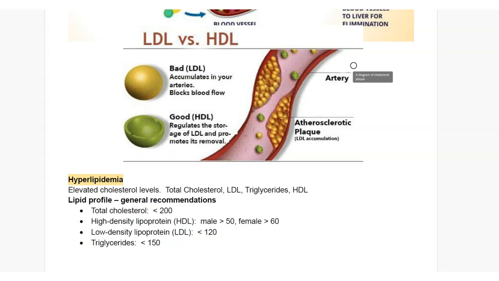But actually now the recommendation is less than 100, so even better, right? But for the purposes of this course, it's enough to know that it needs to be less than 120. But heads up, you may see some other literature stating that it needs to be less than 100. Now triglyceride should be less than 150.